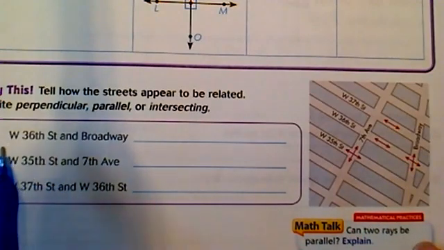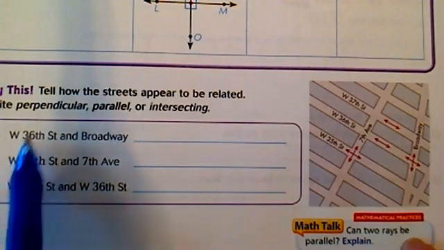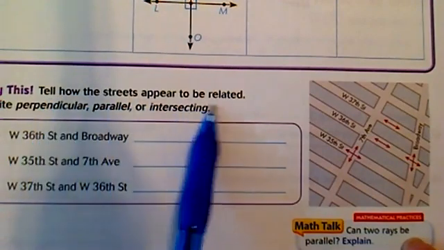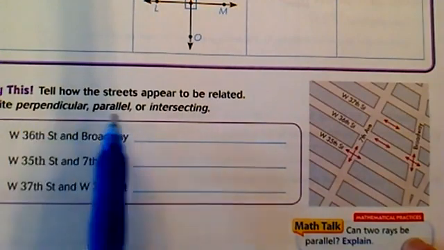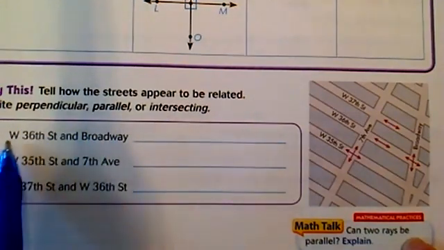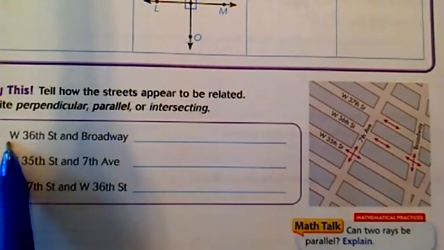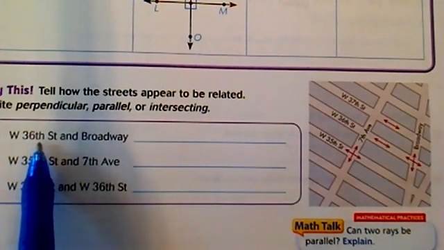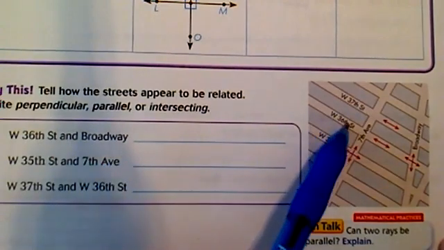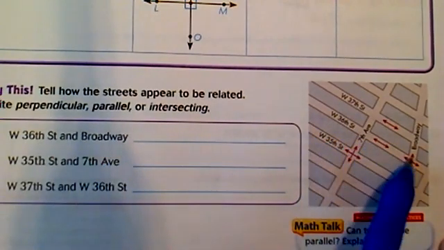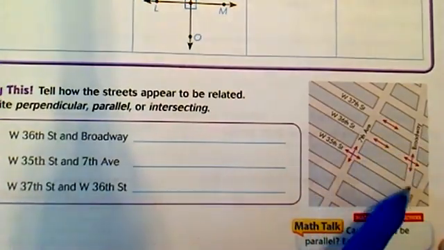Okay, so here we go. We are asked to tell how the streets appear to be related. Is it perpendicular, parallel, or intersecting? Well, let's check it out. So West 36th Street and Broadway. Here's West 36th Street going this way, and here's Broadway.